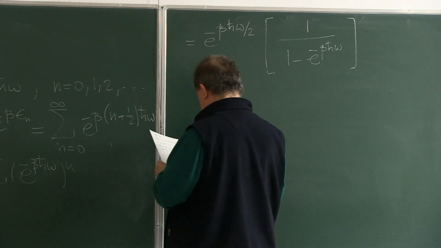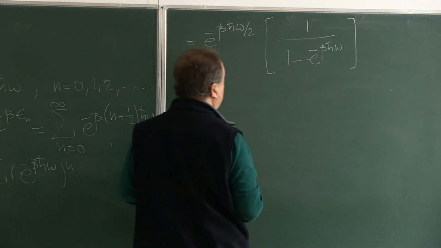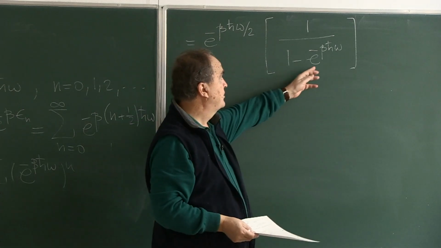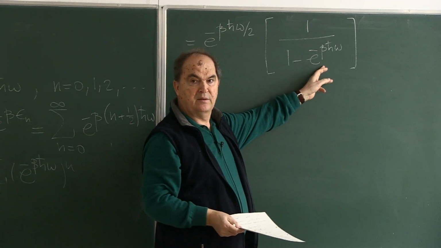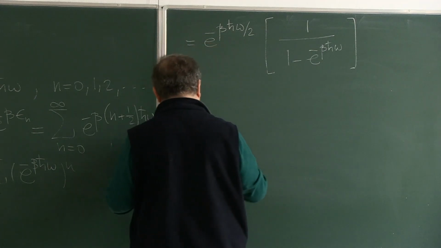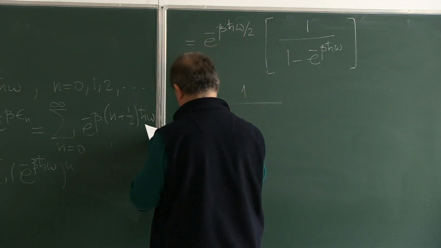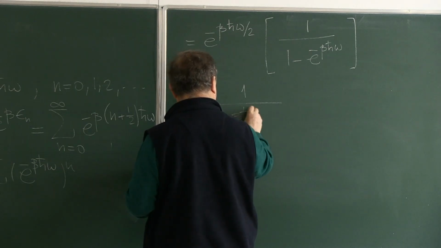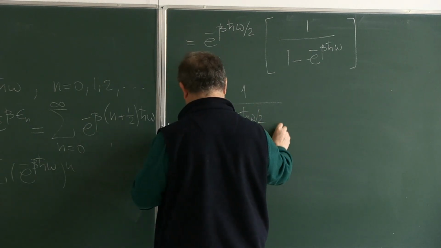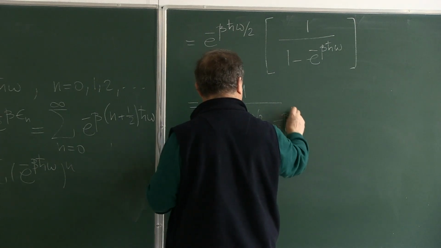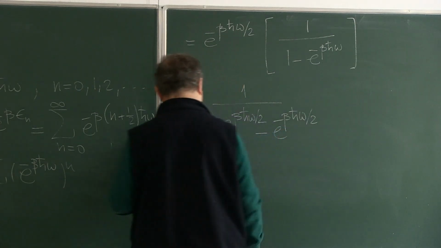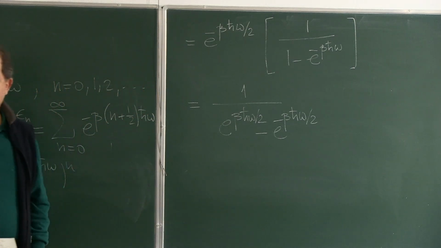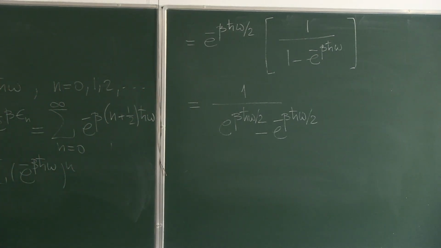So you can simplify if you like by taking the help of these parentheses. You can simplify and get the following result. Isn't it? What is this? The denominator is sinus hyperbolic, isn't it? Twice the sinus hyperbolic.